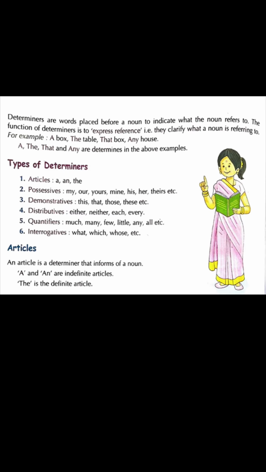So, the function of determiners is to express a reference. To clarify this, they clarify what a noun is referring to. So, you see, you have determiners like the, that, and any.